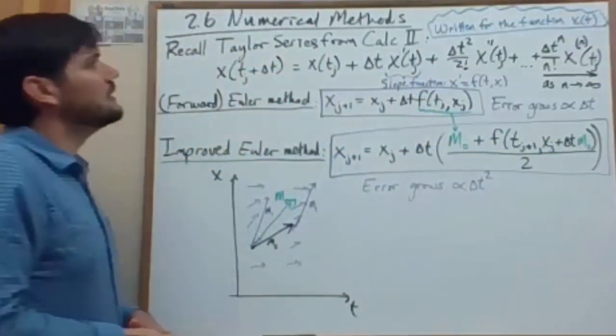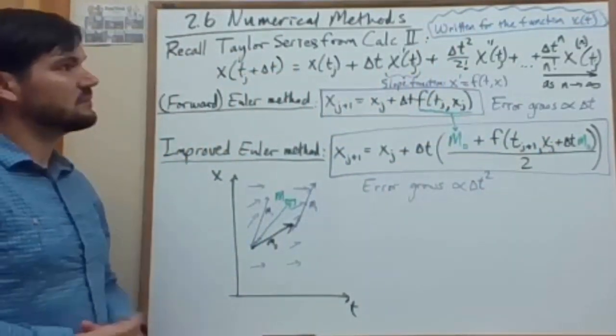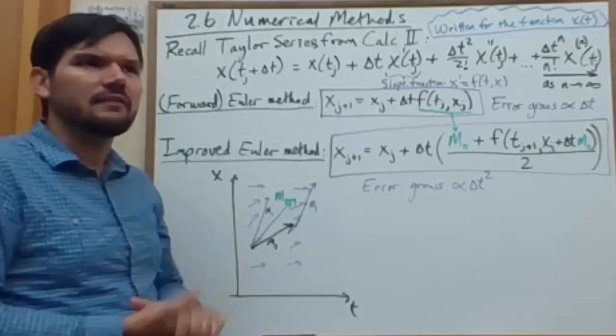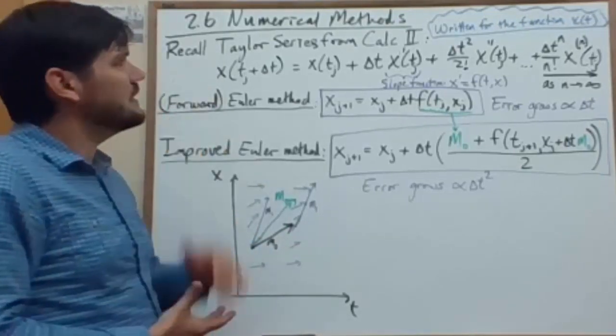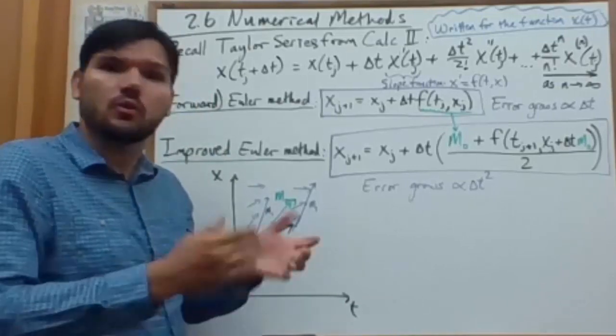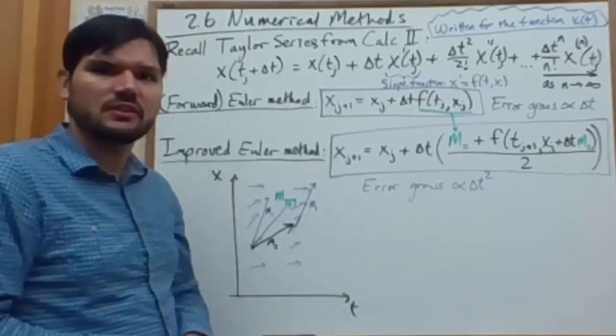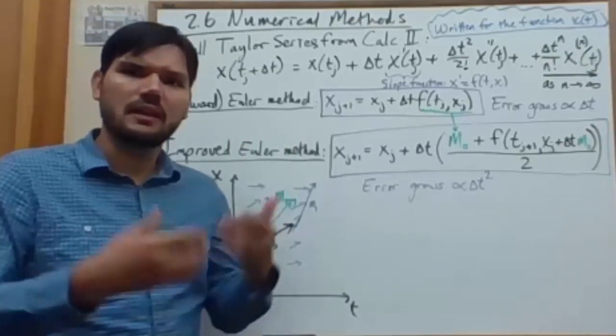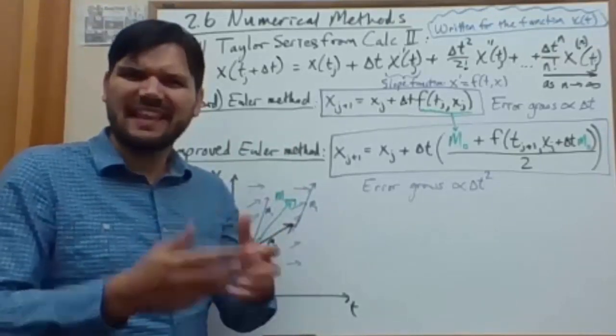Okay, so first, numerical methods are derived from the Taylor series expansion or similar representations of functions that you saw a little bit of in Calc 2. So let me remind you a little bit about what that means.